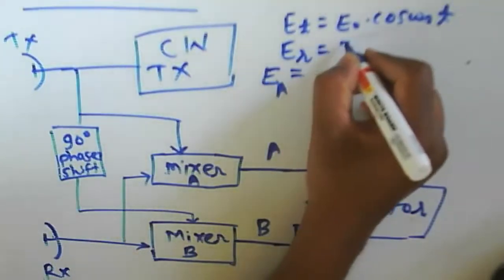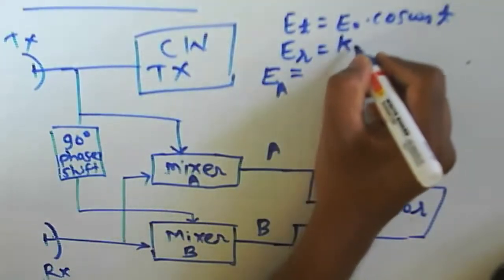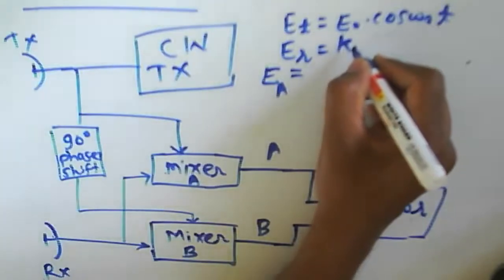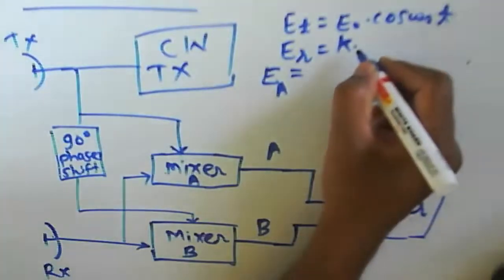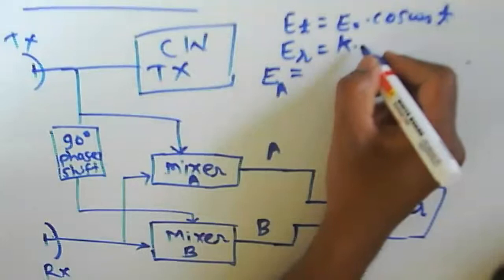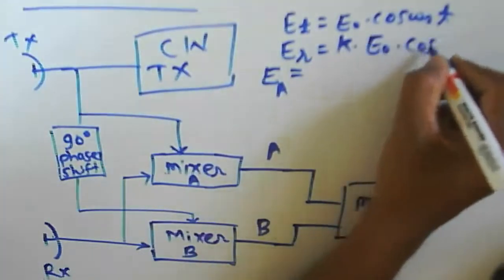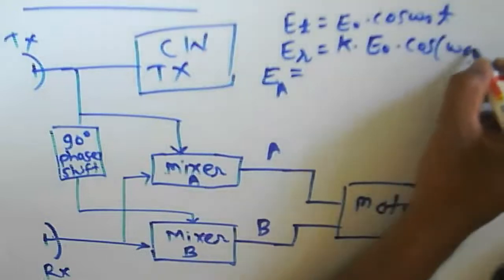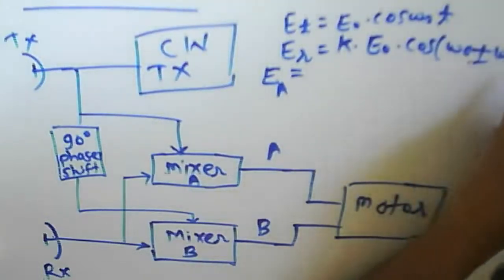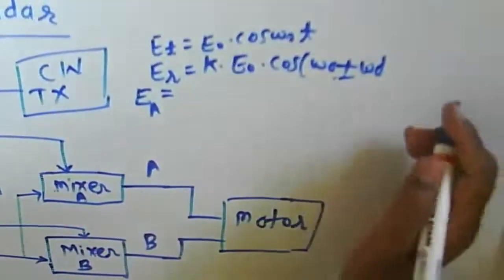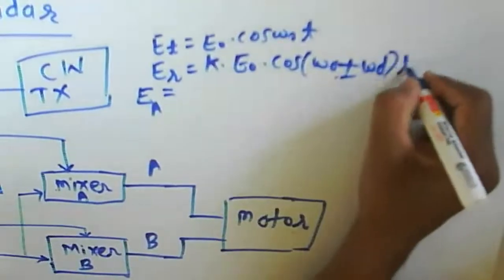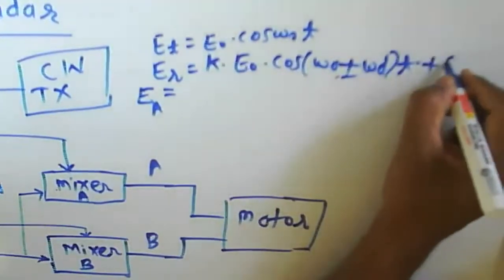That will be K, where K is nothing but a constant through the radar equation there, and E0 cos of omega 0 plus or minus omega d, with respect to time, plus the phase change.